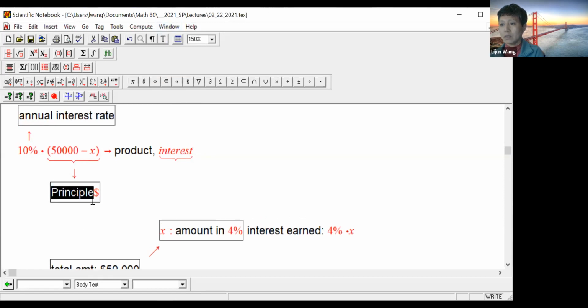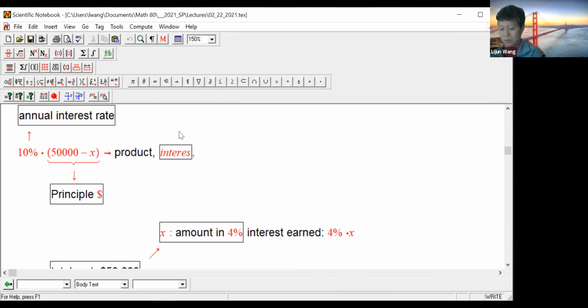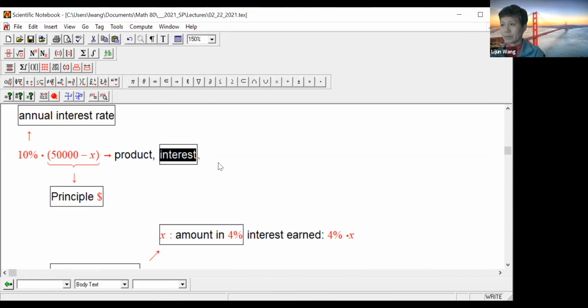Principal has a dollar sign. Interest will have a dollar sign. Okay, so I'm going to use that one. Remove that. Interest. Okay, in this case, it's the interest amount. We just call it interest for short. Is everybody with me?